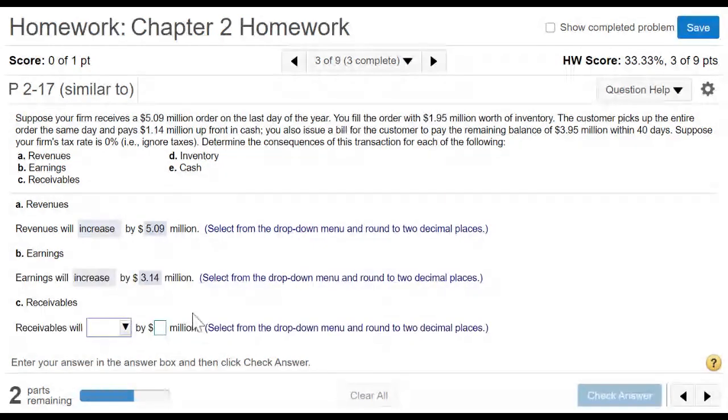Good job. Receivables. Decrease or increase? Increase. Oh, right. Receivables. By how much? 3.9.